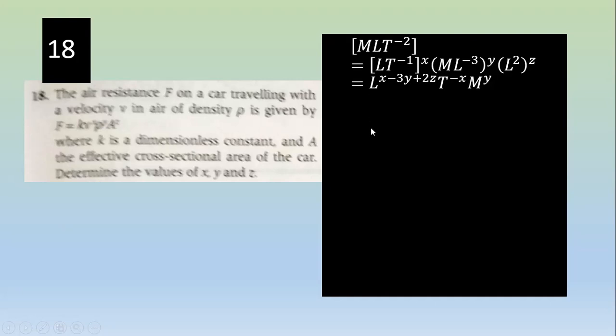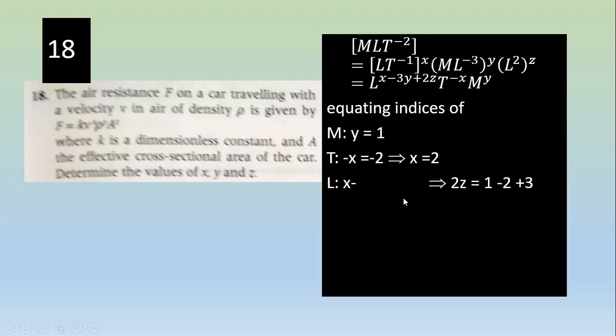M to the power Y equals M to the power 1, so Y equals 1. Then after that, equate your T. Minus X is minus 2. Okay, so X is 2.